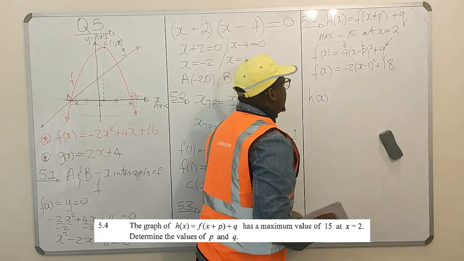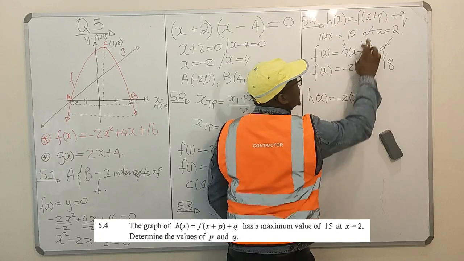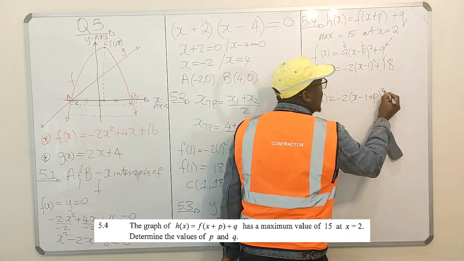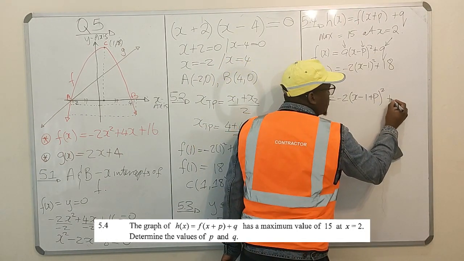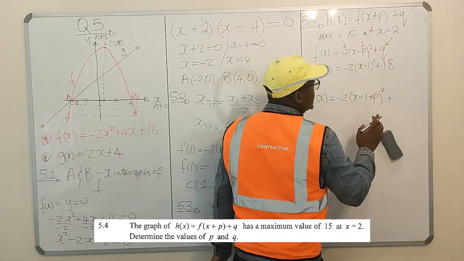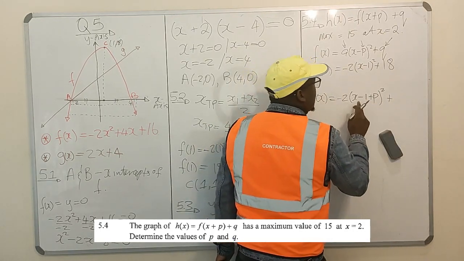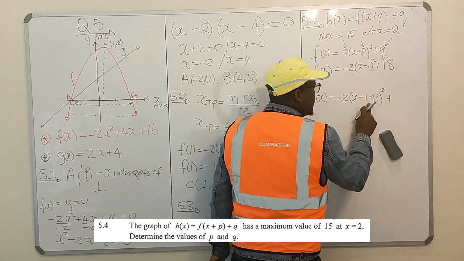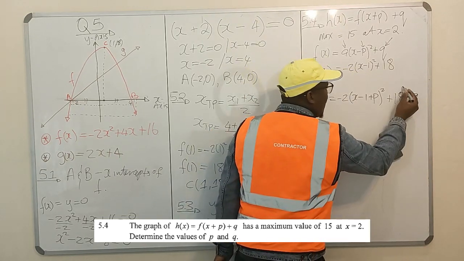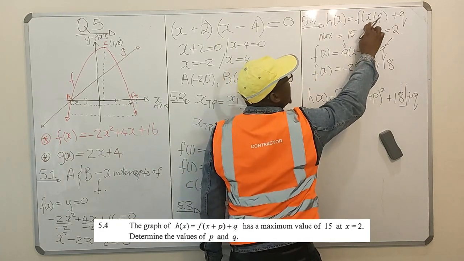So h of x is equal to negative 2 into (x minus 1, and then plus p, that is their horizontal transformation) all squared, plus q. What is their q? Now I want to complete f that is transformed. It will be this plus 18. Then you add q. So this part here is f of x plus q.